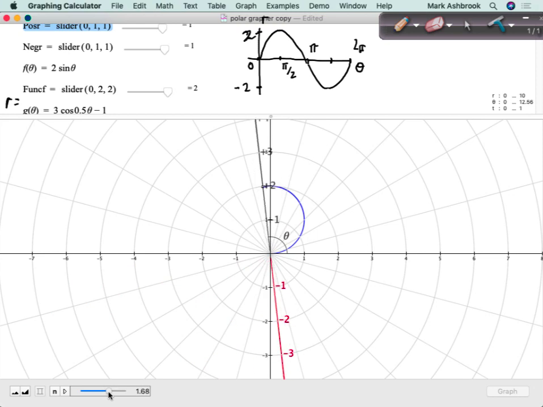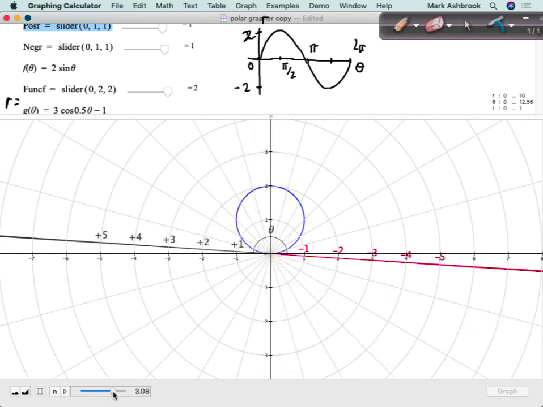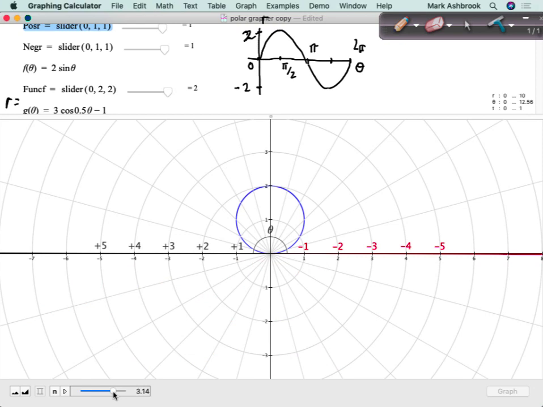And then what happens next? As theta goes from pi over 2 to pi, r goes from 2 back to 0. And then, as theta goes from pi to 3 pi over 2, where is it going to draw? What quadrant will it draw in? Our r values are negative.